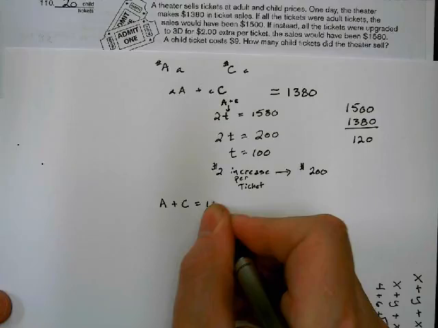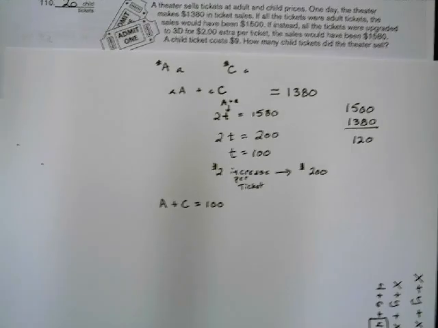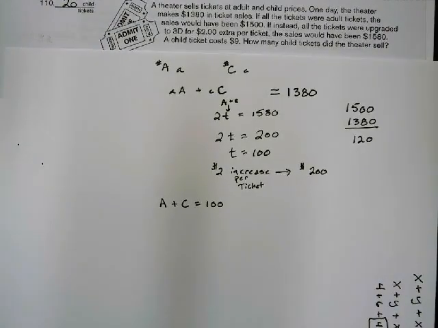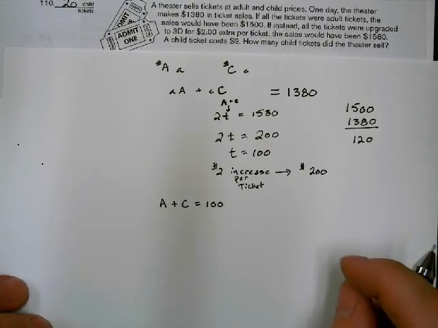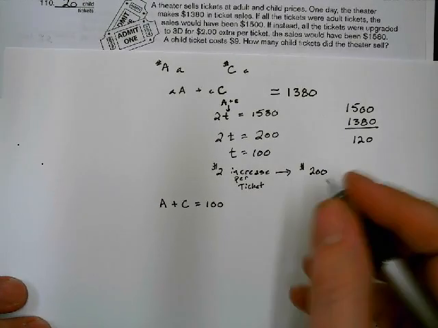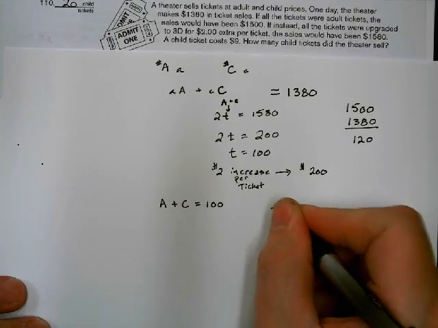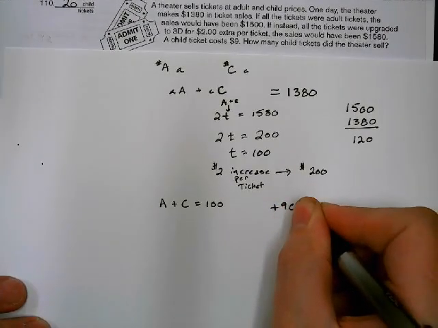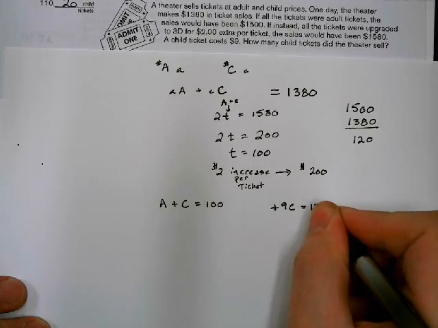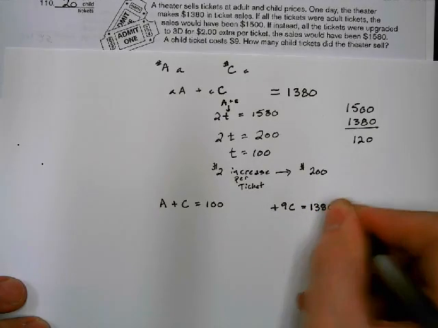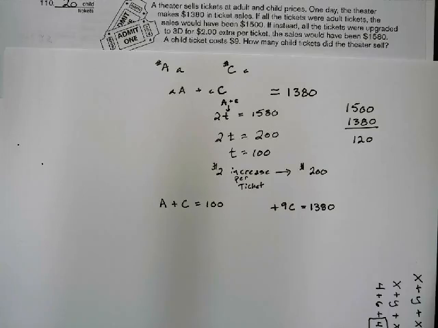Next thing that I know is that the children's tickets cost $9. So $9 for the children's tickets equals $13.80. Okay, so the next thing that I know is that if I have the number of adults, so little a, this is going back to this part over here.